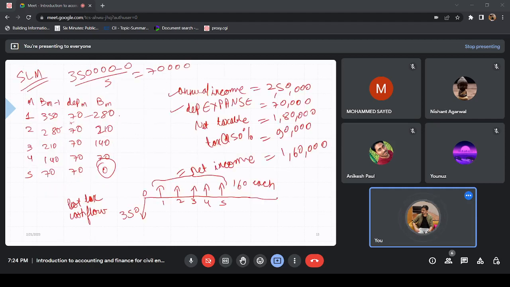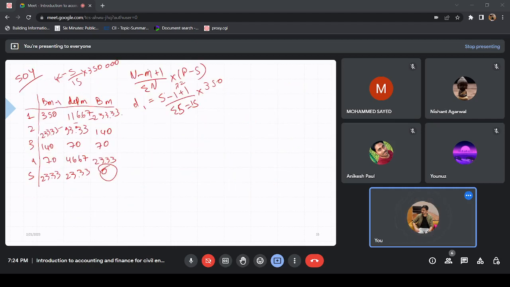So now going to the next part, sum of years. Again we have to make the cash flow. Cash flow means determining what is our taxable income for each year. As you can see, now it will vary, right? For year 1, your earnings is 2,50,000.